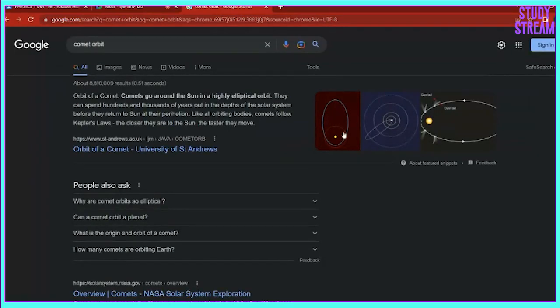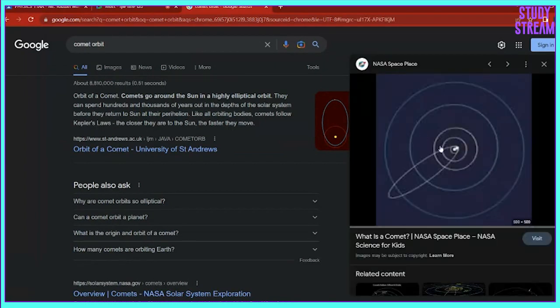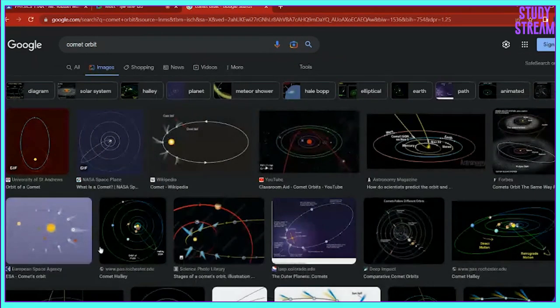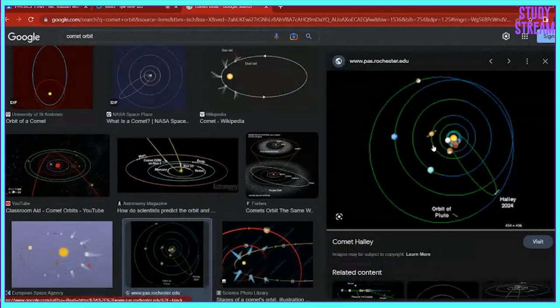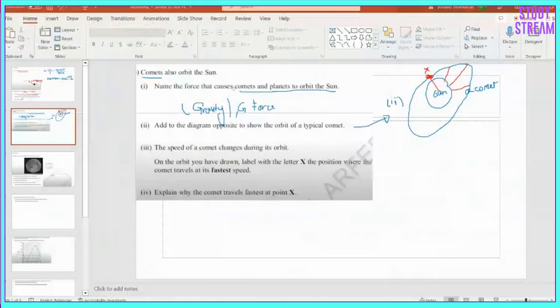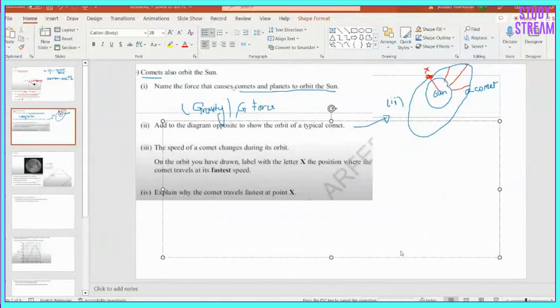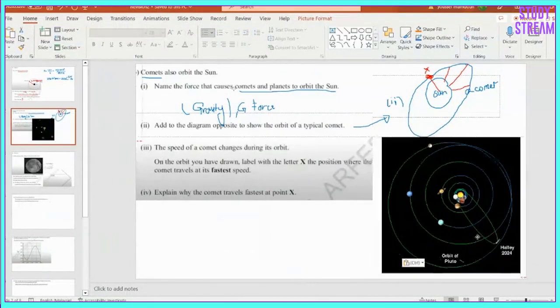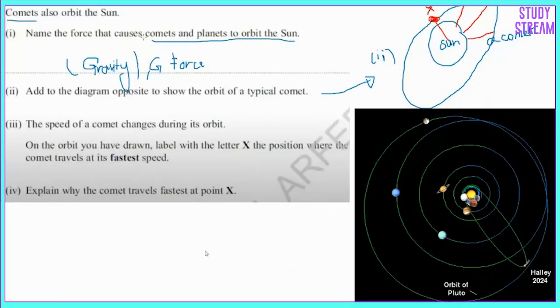So let's say it has this kind of orbit. If we know that the sun is here, and our comet is orbiting in this fashion, then it will be traveling at the highest velocity at this point here.